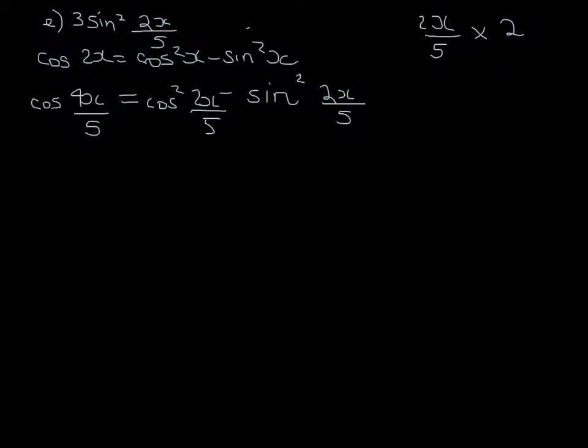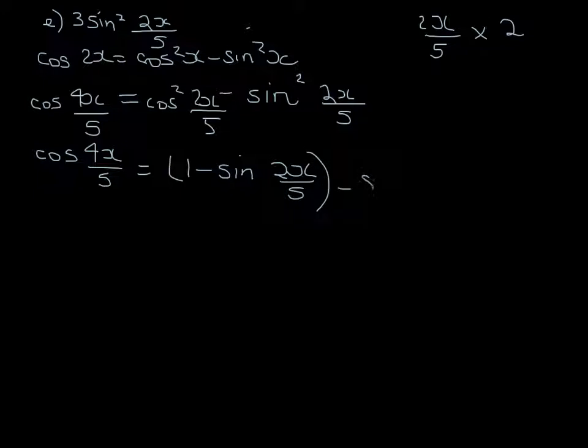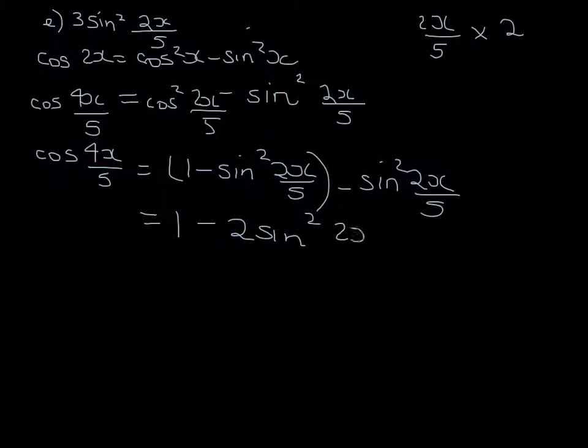And it's a sine squared we want, so we need to get rid of that cos squared because we can't integrate that. That's 1 minus sine squared 2x on 5. So it's 1 minus 2 sine, oops, I got the squared, squared 2x on 5.